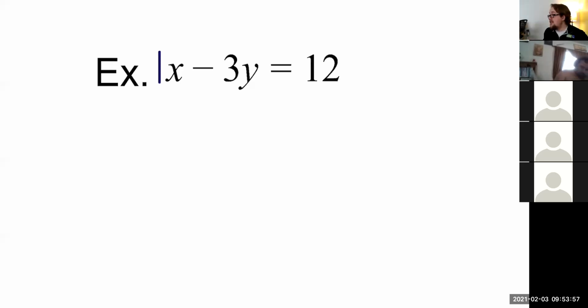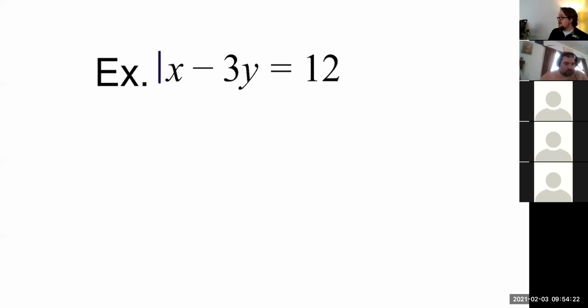They would tell me right now that the slope is 1, and then they pick between the -3 and the 12 as the y-intercept. No. We can only come to that conclusion if it's in slope-intercept form. This one is not in slope-intercept form because, as Toby said, y is not by itself. So I don't know yet what the slope or the y-intercept is.